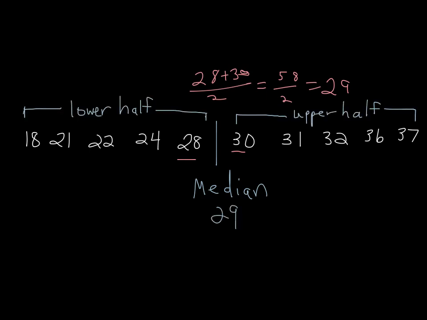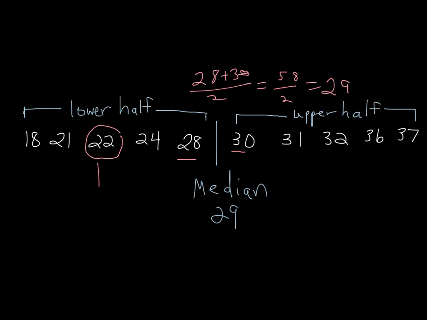Once we find the median, you notice that we have 2 halves of our data set, a lower half and an upper half. To find the other quartiles, we look for the median of each of those halves. If I look for the median of my lower half, I'm looking for my direct middle. I've got 5 data values in my lower half, so this one would be my direct middle since there's an odd number.